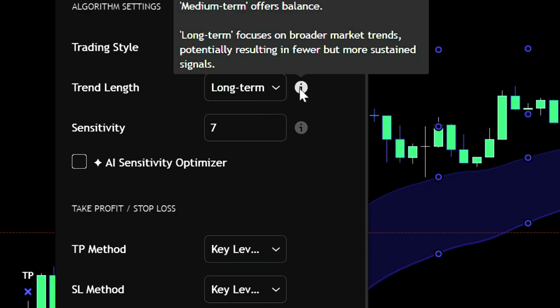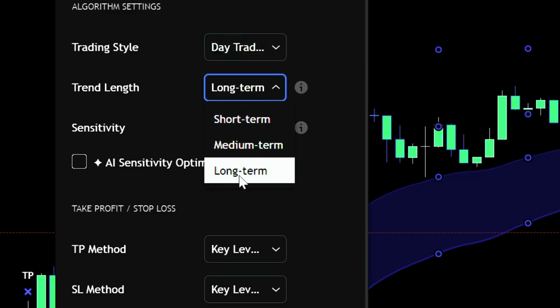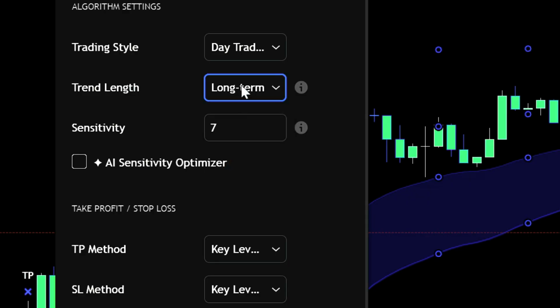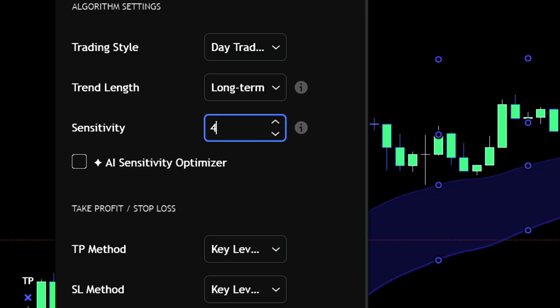We're gonna keep the trend length on long term. Then, and this is important, I'm gonna increase the sensitivity to 4.